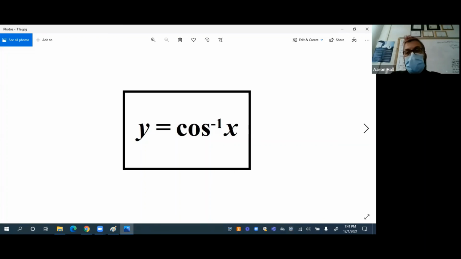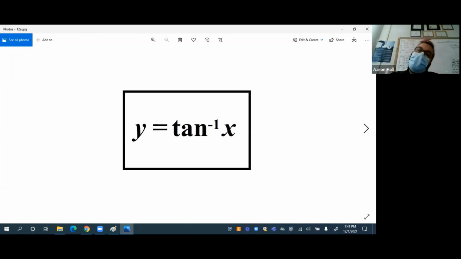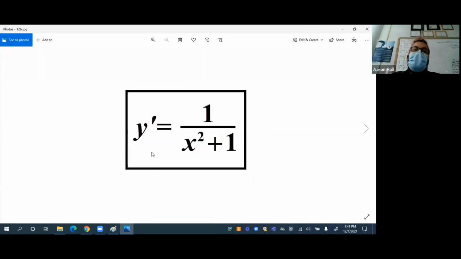It's negative 1 over the square root of 1 minus x squared. Nice. What is the derivative of the inverse of tangent of x? Yeah, 1 over x squared what? Plus 1. Good. 1 over x squared plus 1.